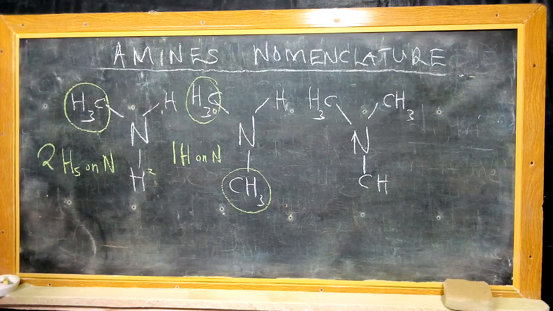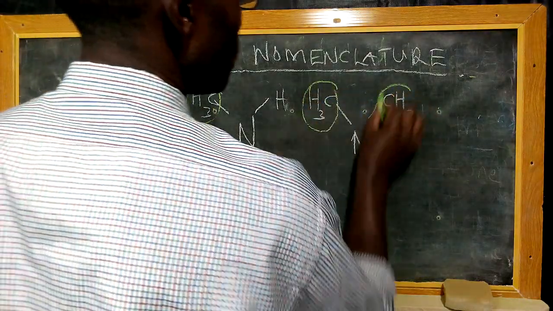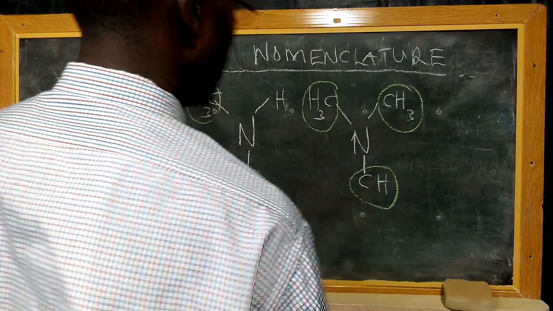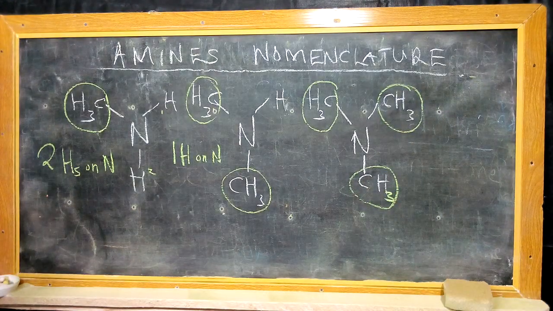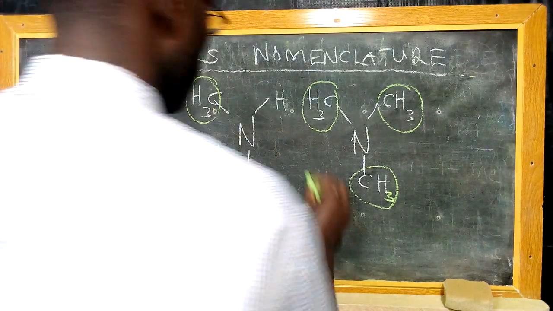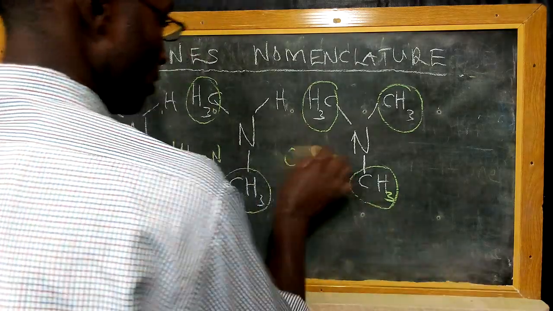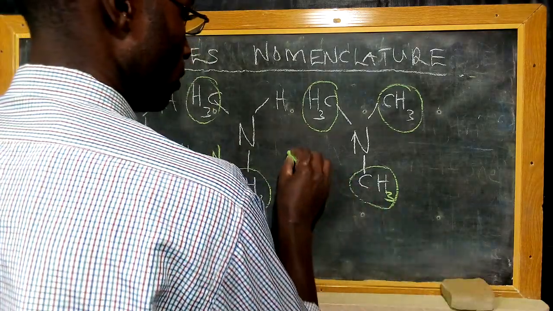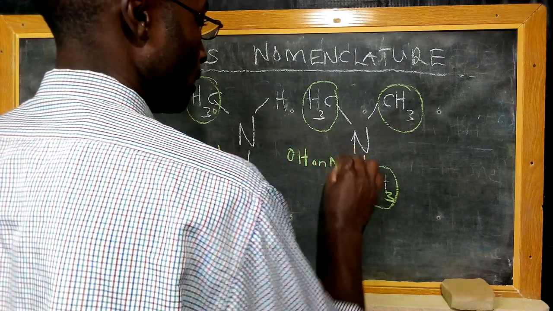And then for the third one, we have 1, 2, 3, so this one is 3. We have three methyl groups attached to the nitrogen. So we have 0 hydrogens. This one stands for zero and not oxygen. So it's zero hydrogens on the nitrogen atom.